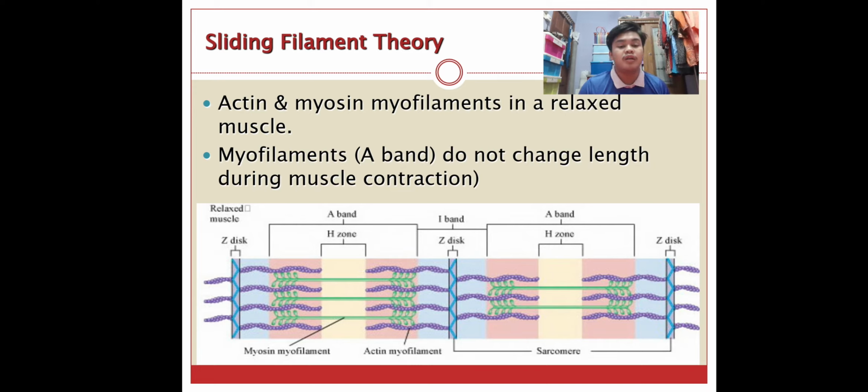There is no muscle contraction occurring at that time. So we can see the A band does not change its length, and the Z disc is at its normal place, which does not change because there is no movement.